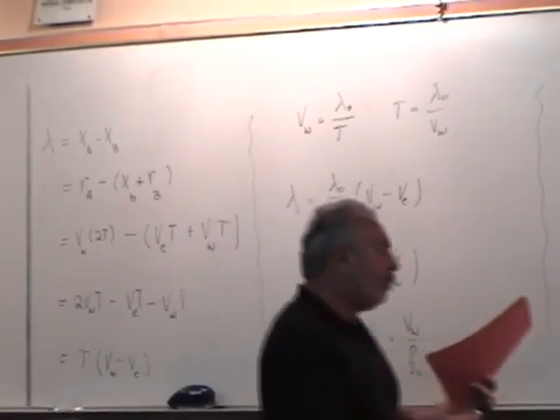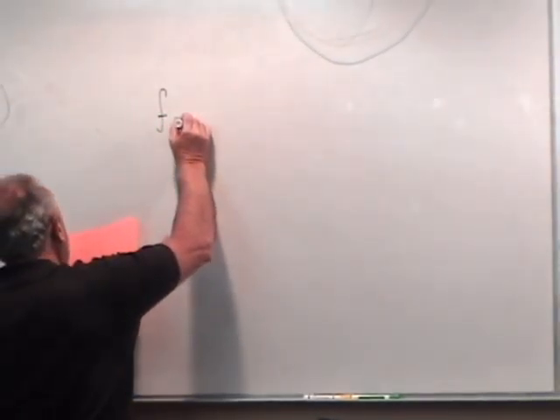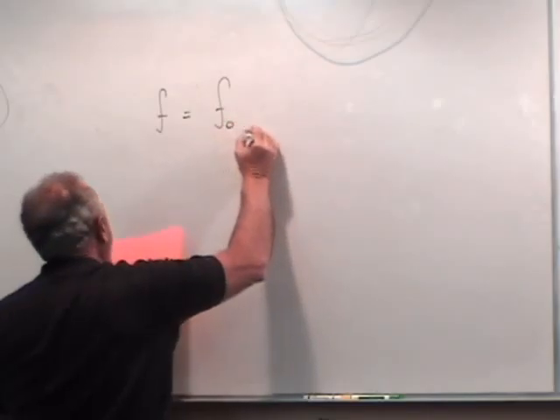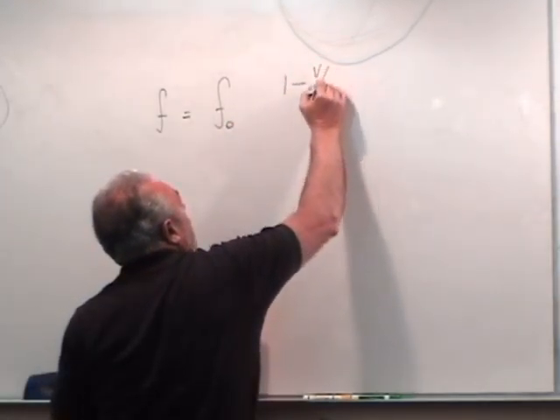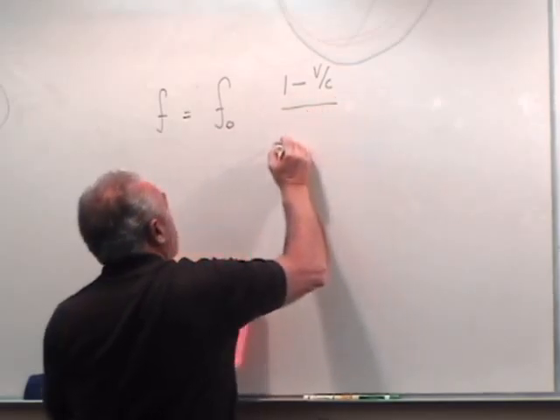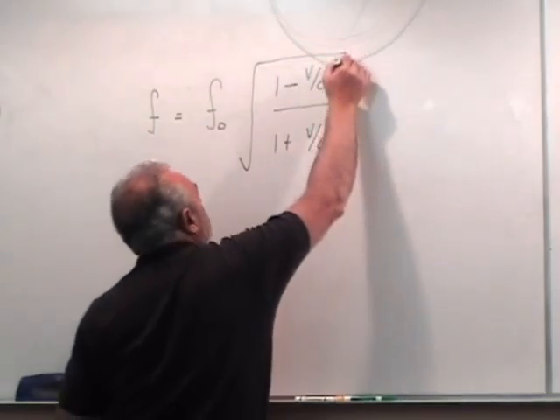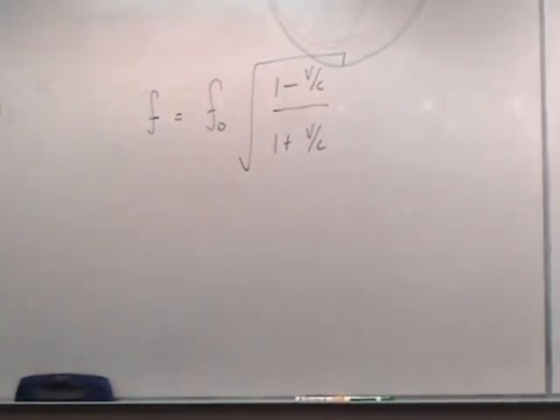Let me just put down the formula. F, the frequency of light that we would see, equals F naught times the square root of (1 minus V over C) divided by (1 plus V over C). Why does the formula look different?